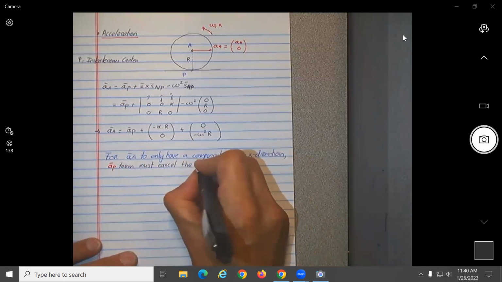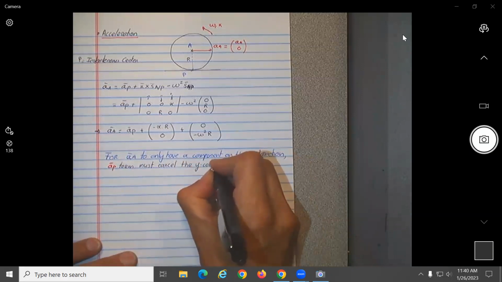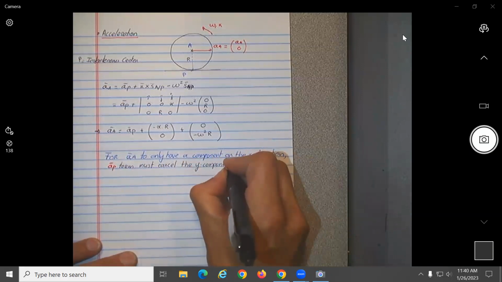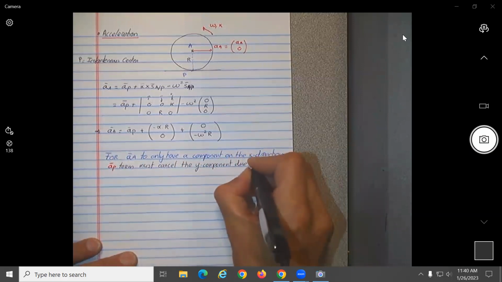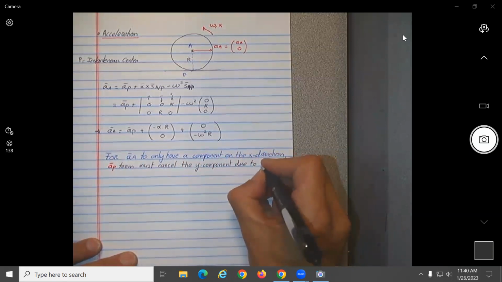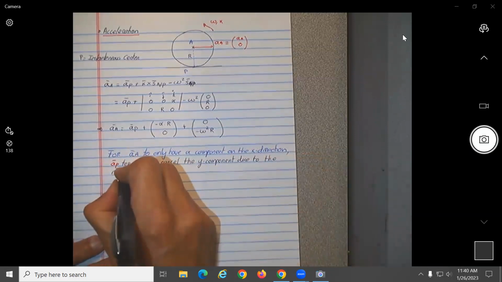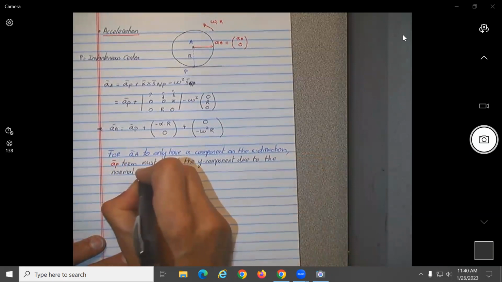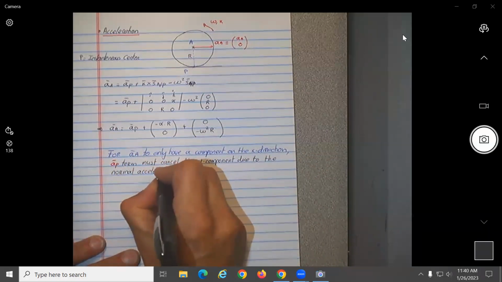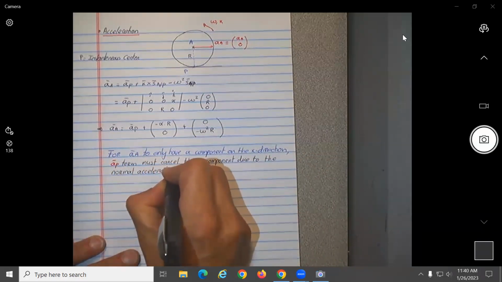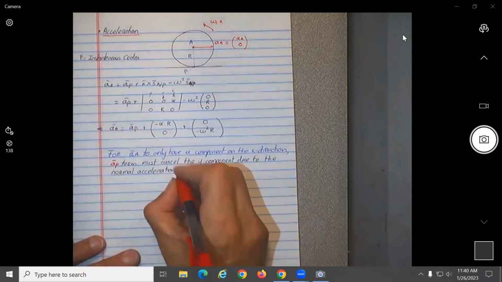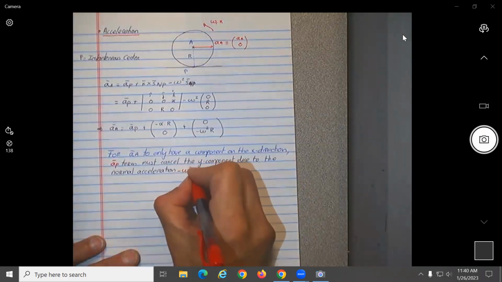Sorry, the Y component due to the normal acceleration, which is minus omega square R.